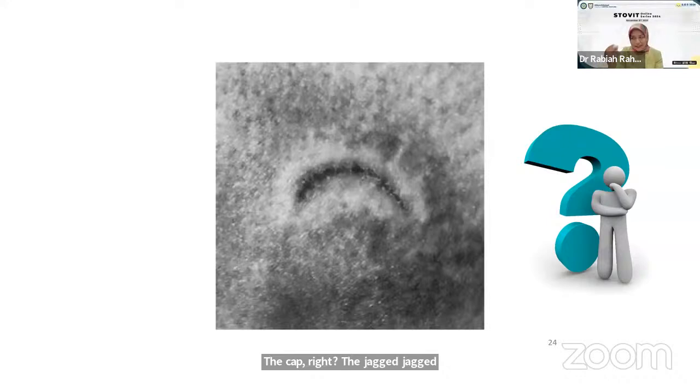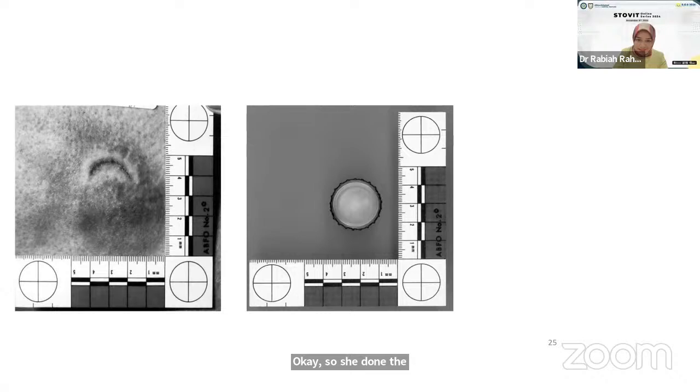So she opened it and she was thinking, it looks so familiar. So she brought that back to the office and did the standard procedure for bite mark analysis, and this was the bottle top.